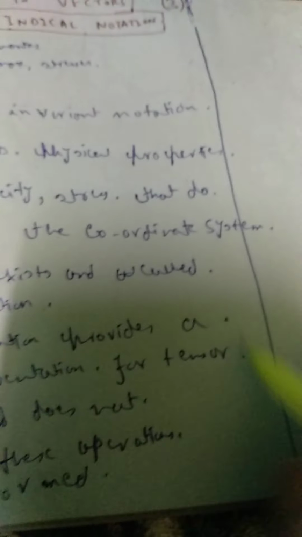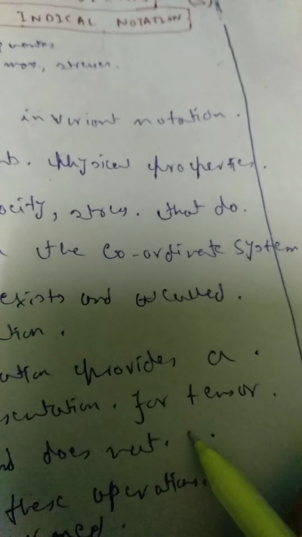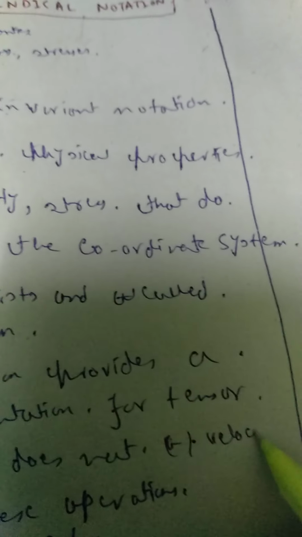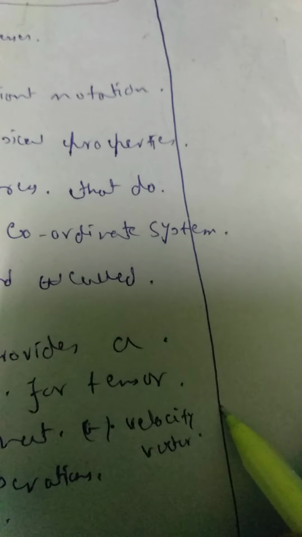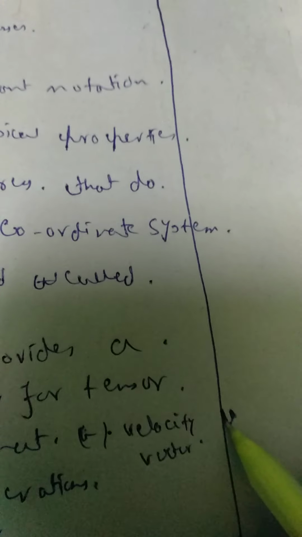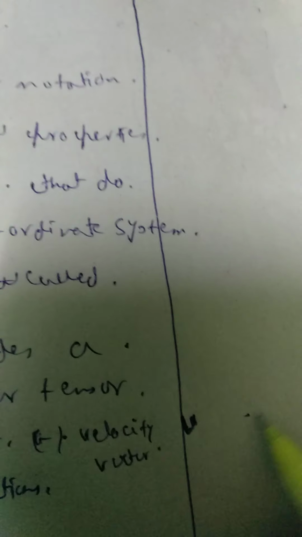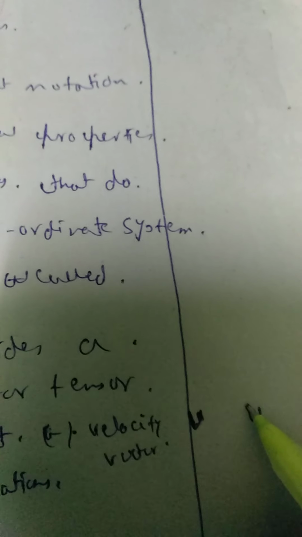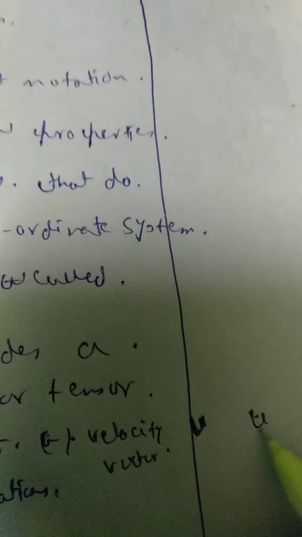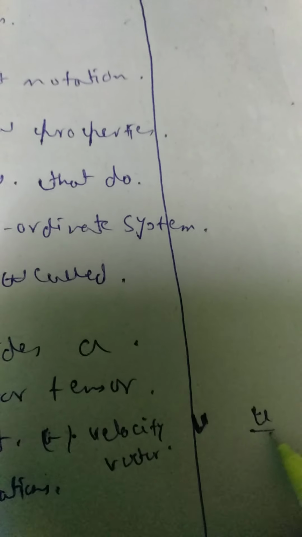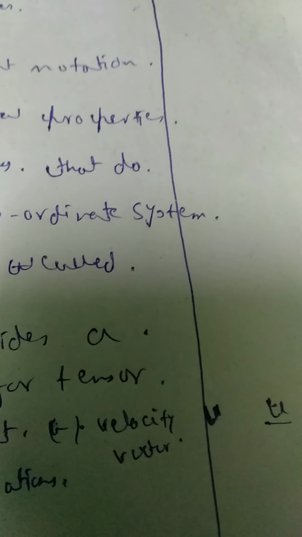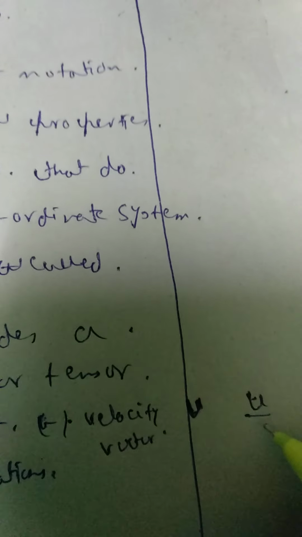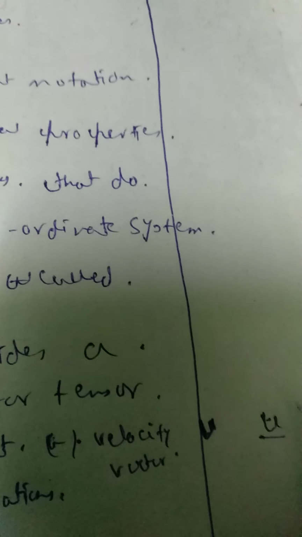For example, a velocity vector: when we type in the computer, we write it as a bold V. But when we write in our copy, we do not write a bold letter, we write V and a dash below V. So this is how we represent it in our copy. Now we'll discuss why there is one dash below the velocity vector V.